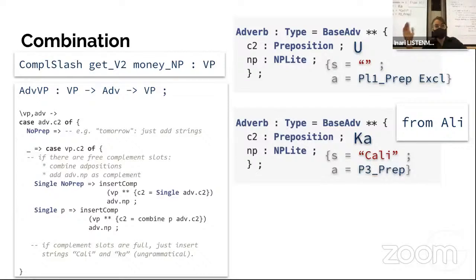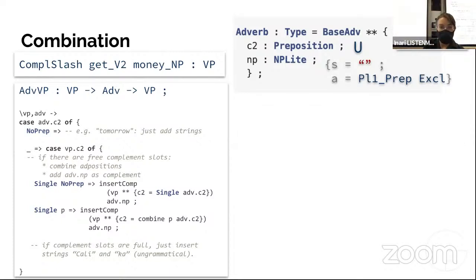If it's no prep, then we know that it's some lexical thing. Like maybe we just want to say get the money tomorrow, and then we have no adposition. So then we just put the string tomorrow in some place. But if it's something else, then we look in SpeedP to see if there is a slot for it.